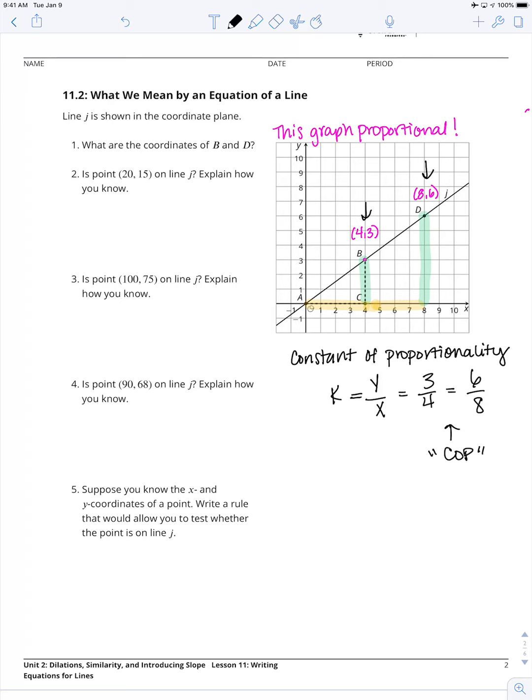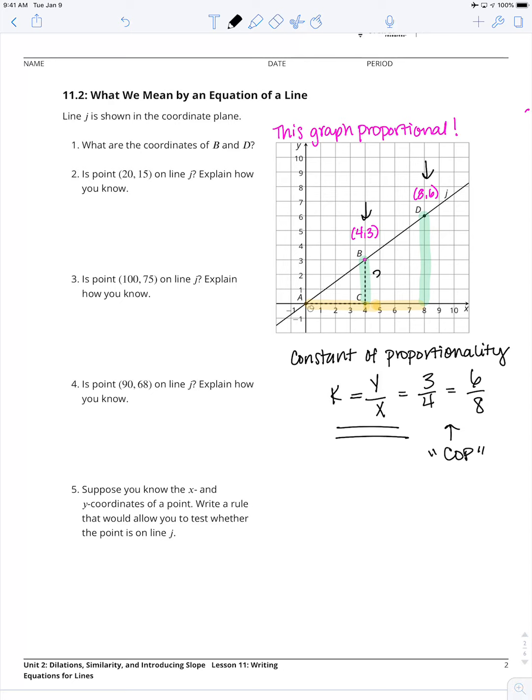Now we're going to use this idea here to check whether or not these other points are on the graph. Now I cannot see if (20, 15) falls on the line, but I can check for a proportional relationship. So I know that if it falls on the line, the slope triangle has to be equivalent to the side lengths of the other triangles that I have shown, right? So the 3 and 4 is coming from this small triangle.